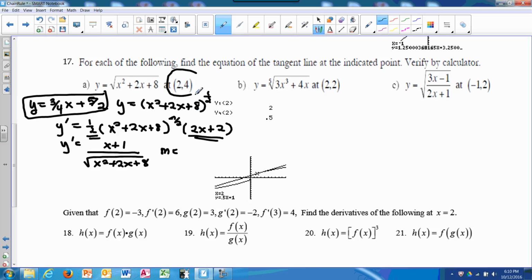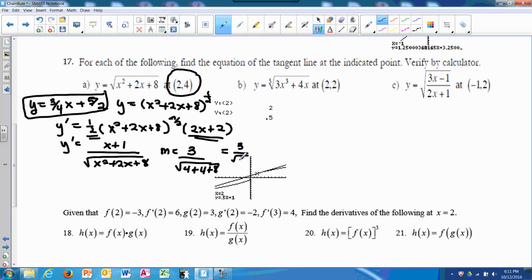So y prime is 1/2 times 2x plus 2, which becomes x plus 1, over the square root of x squared plus 2x plus 8.